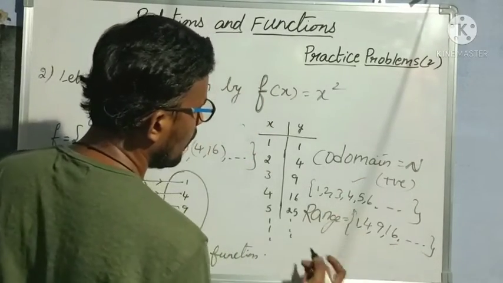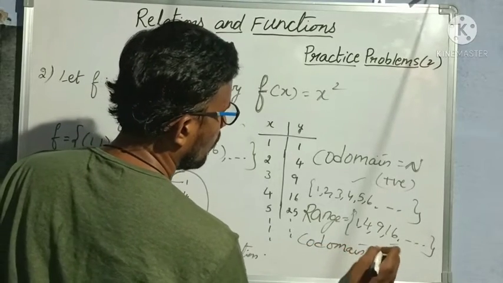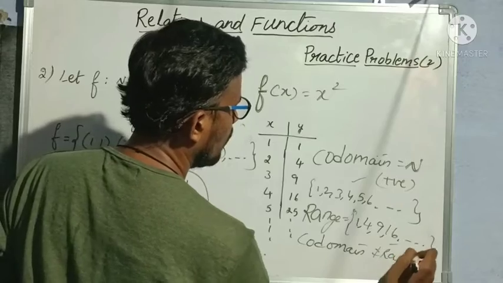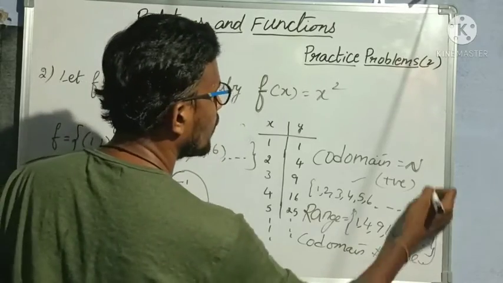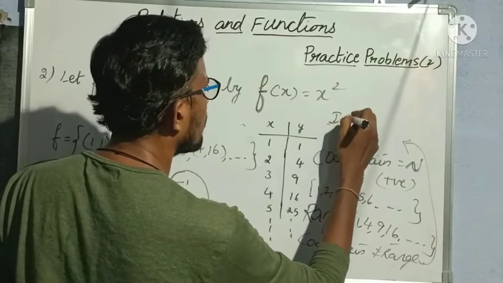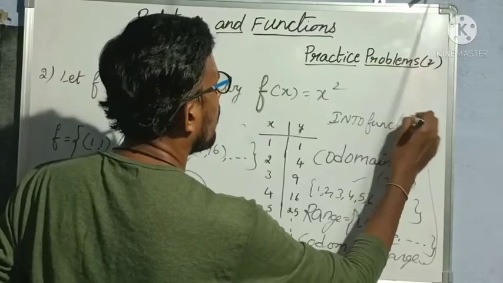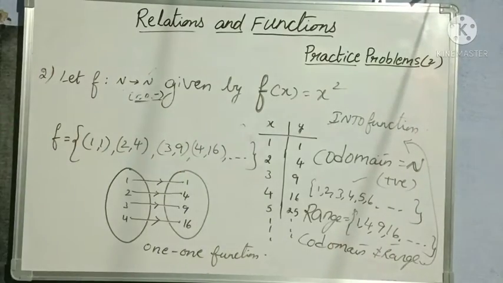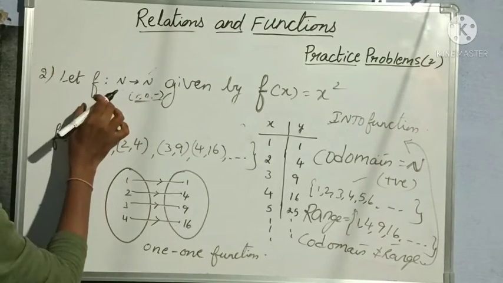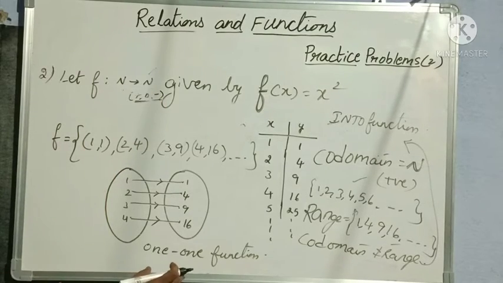Both are equal? Not equal. So codomain is not equal to range. So such a function is what type of function? So now we are getting the answer as into function. Understood? Previously, when we defined function f from R to R, in such case we got many one function.